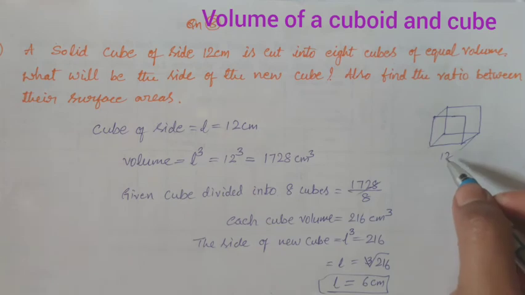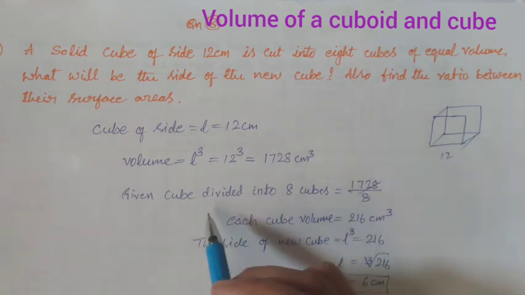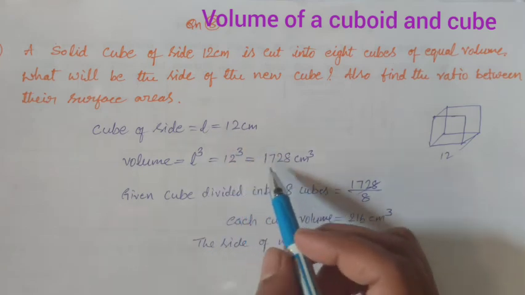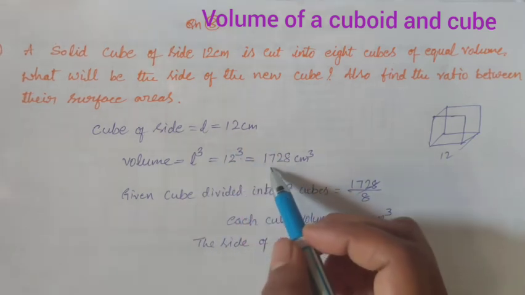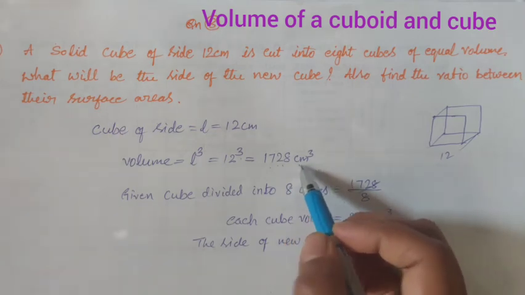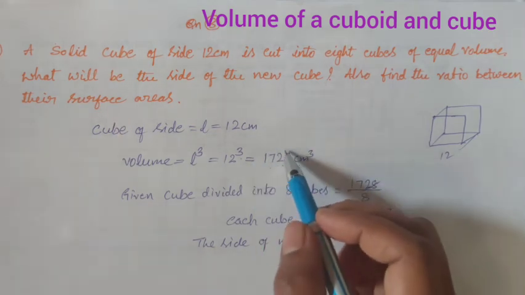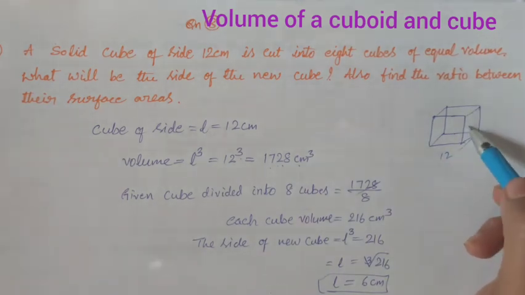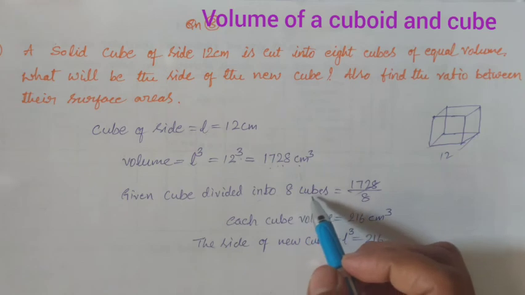First we have to find the volume of the given cube. The volume of the given cube is 12 cube, that is equal to 1728 centimeter cube. Now this given cube can be divided into 8 cubes.